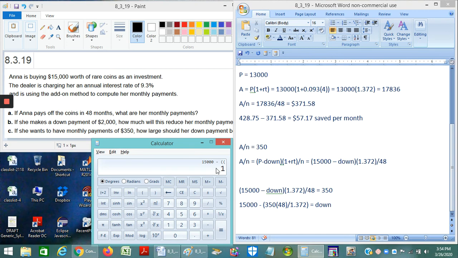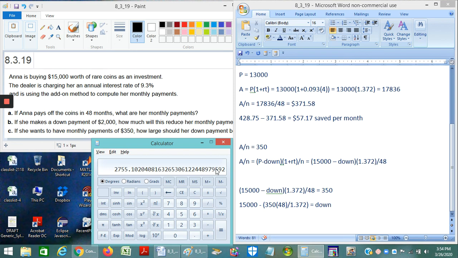Let's start over. 15,000 minus parentheses 350 times, there we go, that's what the 8 was, times 48 divided by 1.372. Let's see what this is.